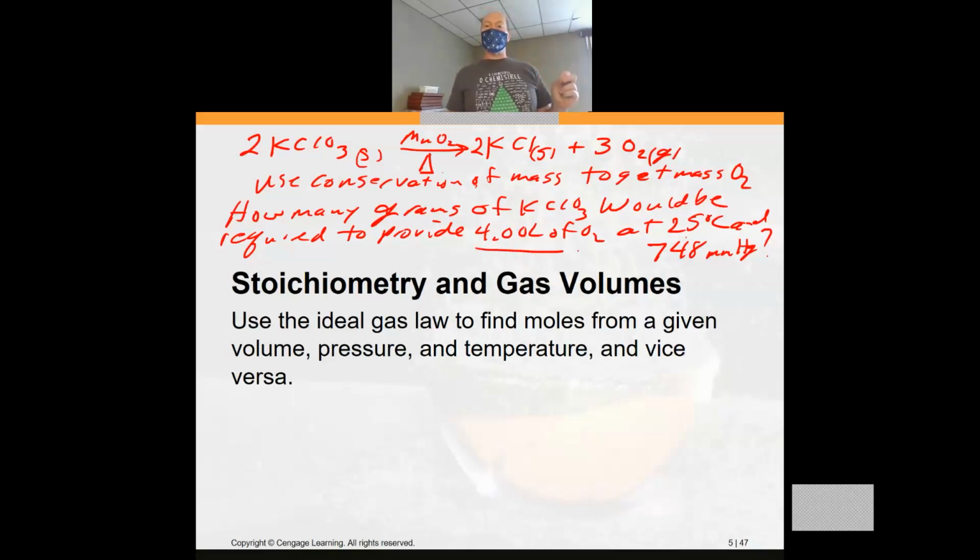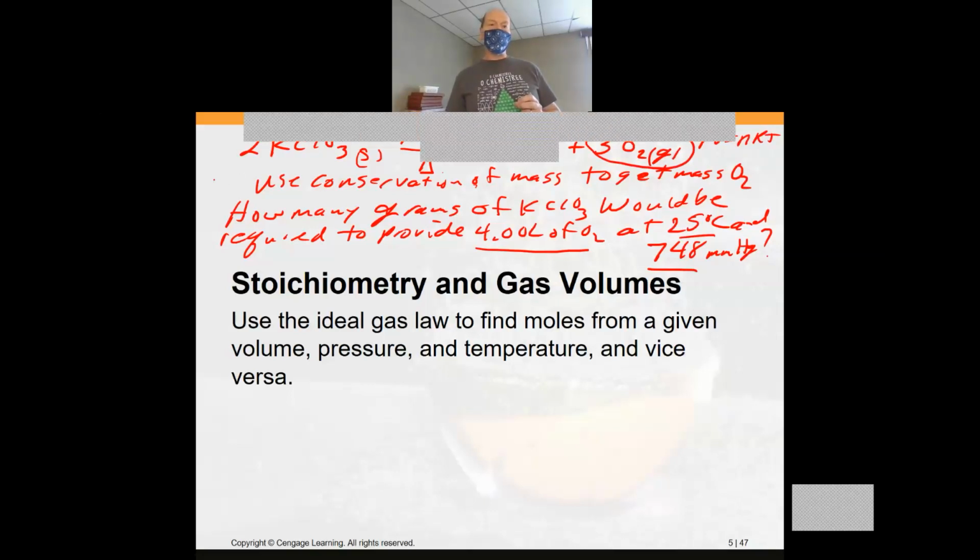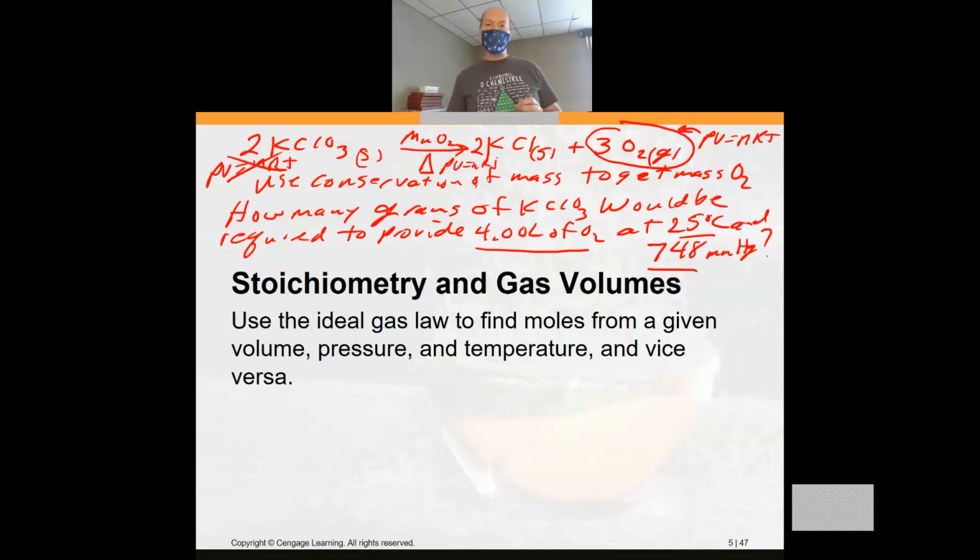So we're going to take our volume of oxygen, our temperature, and our pressure of oxygen. And so we have PV = nRT. Note that you can only use PV = nRT for oxygen. You cannot use it for KClO3 or for KCl because they are solids.